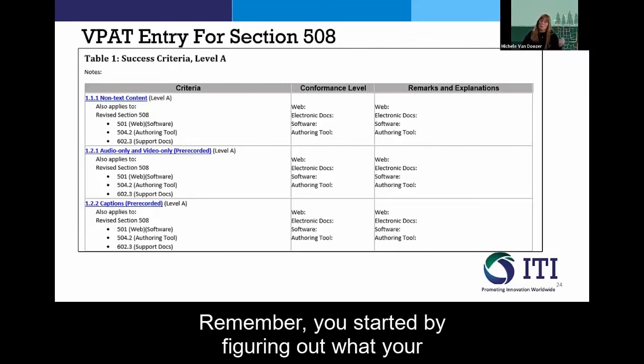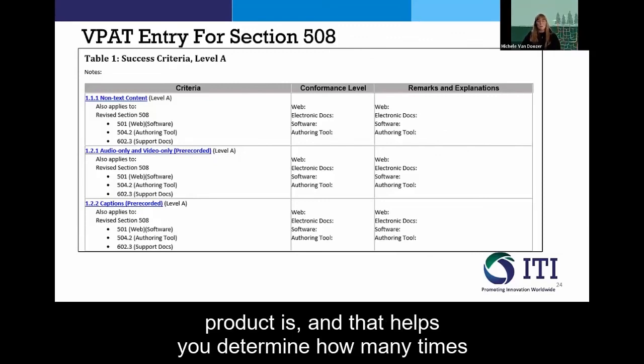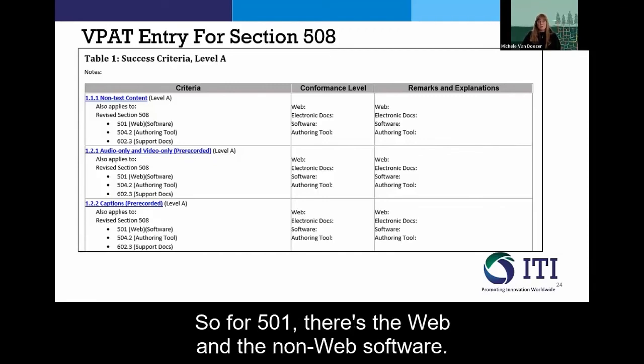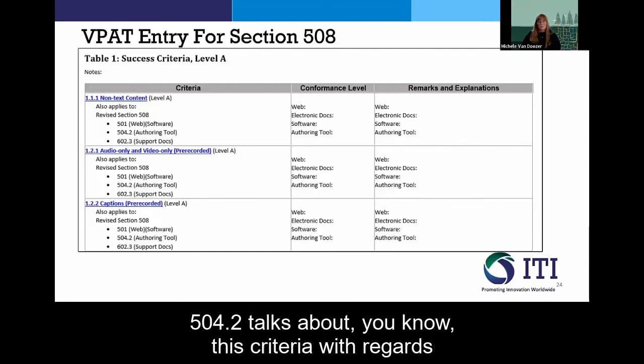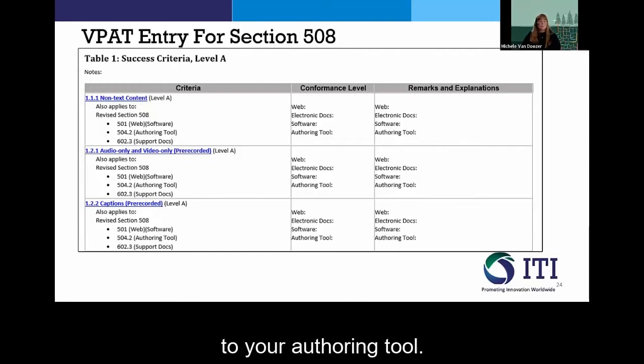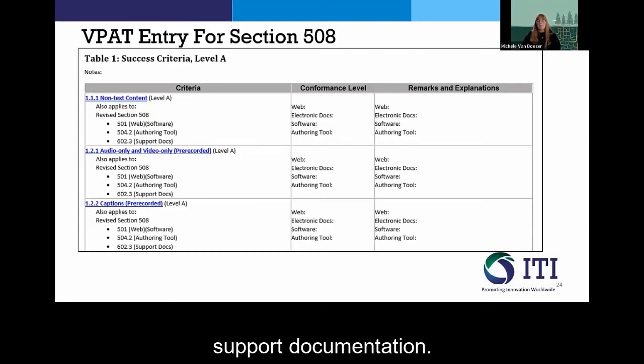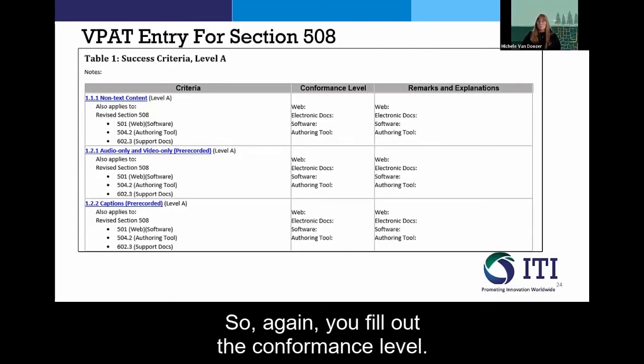Remember, you started by figuring out what your product is, and that helps you determine how many times you fill this out. So for 501, there's the web and the non-web software. 504.2 talks about this criteria with regards to your authoring tool, and 602.3 talks to the criteria with regards to the support documentation.